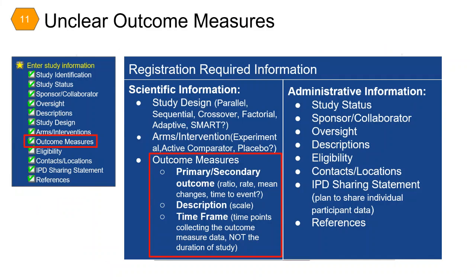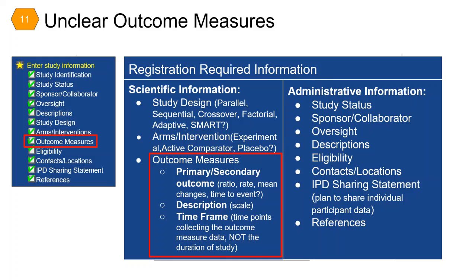Which is unclear outcome measure. As you know, there are 12 sections to complete when you do the ct.gov registration. Most sections are straightforward, but the outcome measure section, which is today's topic, is difficult for some people, and they often come back with a stipulation.